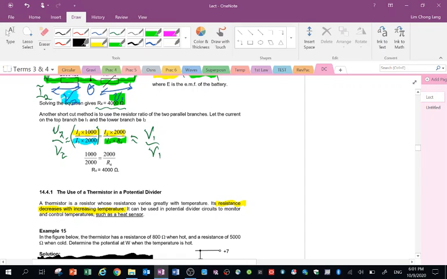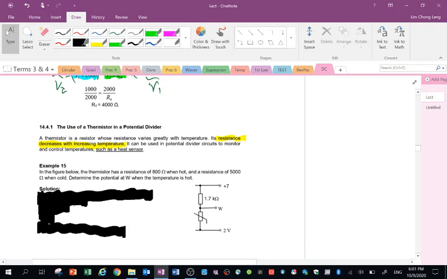That means the higher the temperature, the lower the resistance, and the lower the temperature, the higher the resistance. It's illustrated in example 15 because when the temperature is high, the resistance is low, 800 is considered low. When the resistance is 5,000, much more than 800, resistance is high. When it is cold, temperature is low.